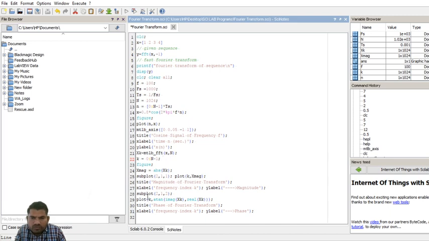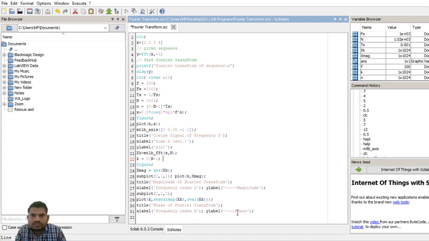Similarly, to get the phase response, subplot of 2 comma 1 comma 2, at the second position we plot the phase response: plot of k comma atan2 of imaginary of x of k comma real of x of k, that is tan inverse of b by a. The title is phase of Fourier transform, the x label is frequency index k and the y label is phase.